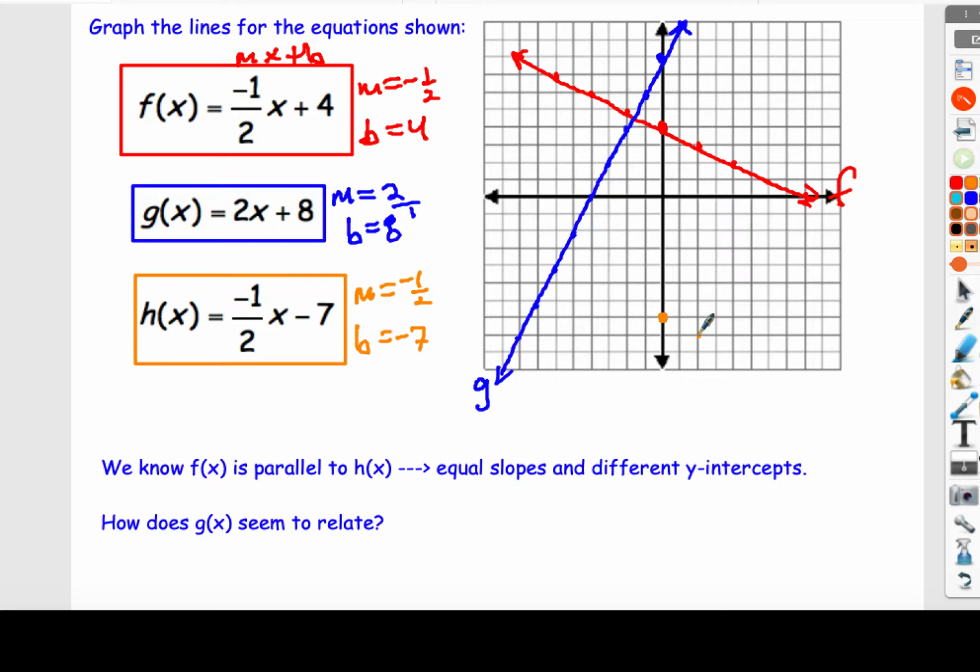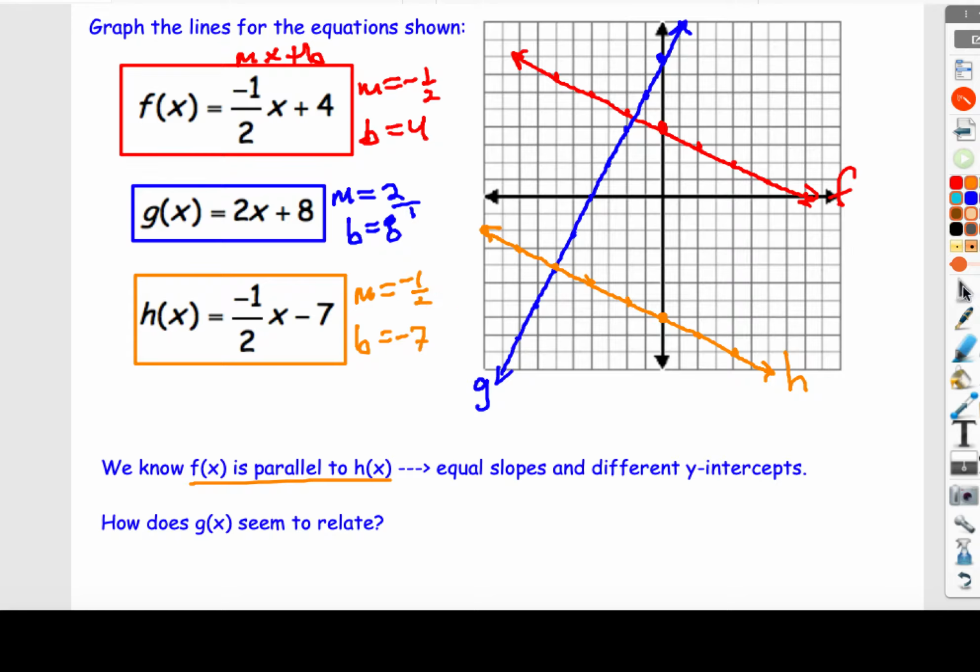But again, I'm going to go down 1, right 2, down 1, right 2, which tells me that h of x and f of x, since they're traveling in the same way, along the same track if you will, just starting at different places, would be parallel, as it says down here. We know that f of x is parallel to h of x because parallel lines have the same slope, -1/2, and different y-intercepts.